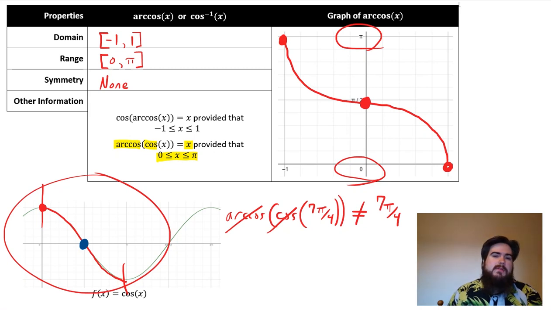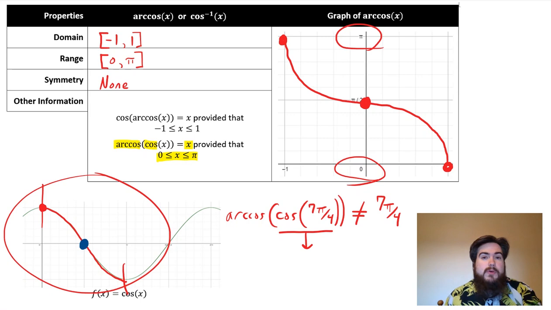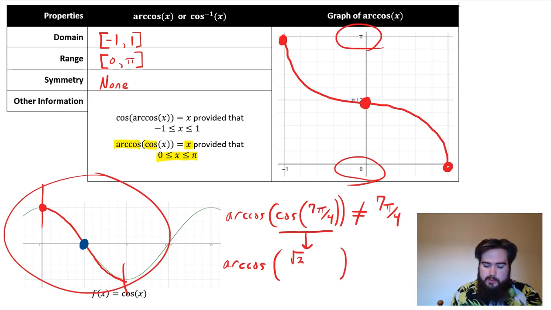This is something to be very careful about, and when this happens, it is advised to instead work from the inside out to evaluate cosine of 7 pi fourths first, and then determine what angle measure that ratio would result from. For example, here, our cosine of 7 pi fourths is the square root of 2 over 2.